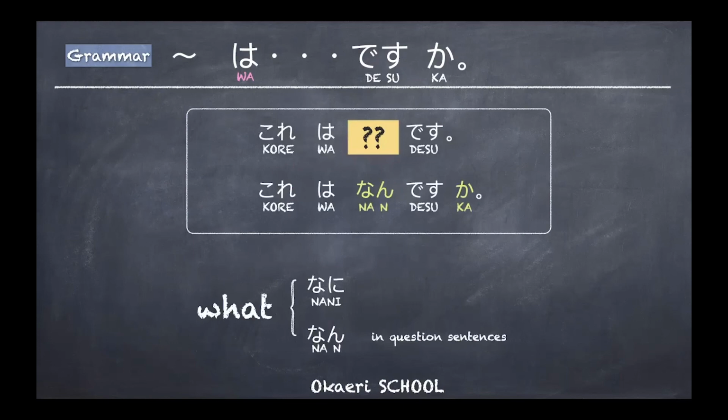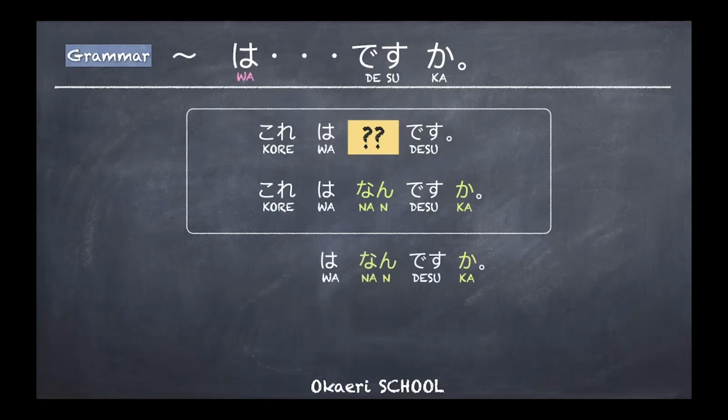What in Japanese, what itself is nani. So when it works just by itself, when you want to ask like what, that will be nani. But when what is used in question sentences, it'll be transformed into nan, only in question sentences.